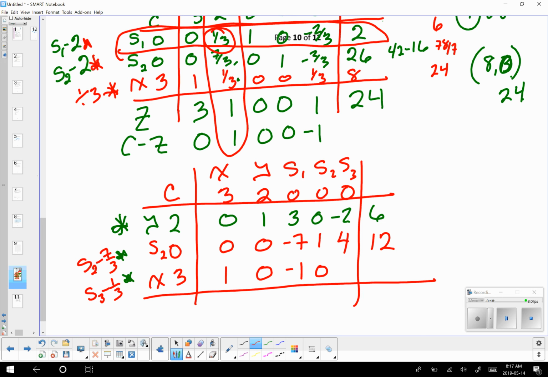And 1/3 minus a minus 2/3 is 1. And 8 minus a third of 6 is 6.